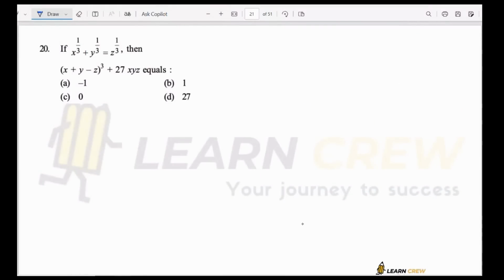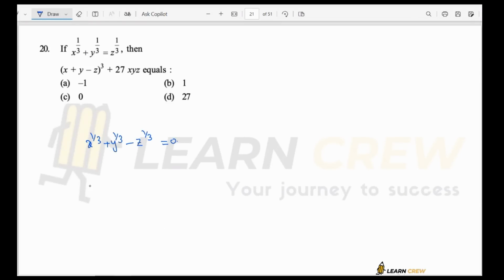Question number 20. It is an important model for the exam. Please see. X power 1 by 3 plus y power 1 by 3 minus z power 1 by 3 is equal to 0.